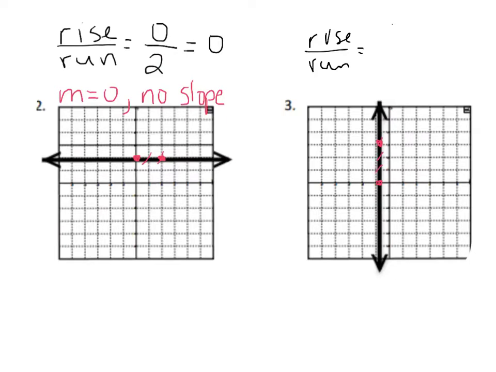So we could say the rise is 3, but since it didn't go left or right, we have a 0. Well, if you try to take any number, in this case 3, over 0, you're going to get an error. And we call these vertical lines having an undefined slope. It is undefined.